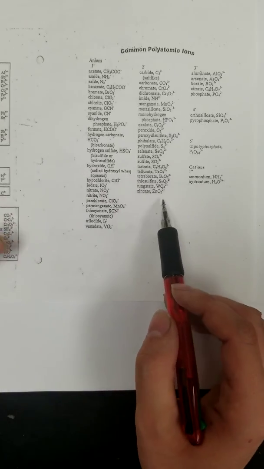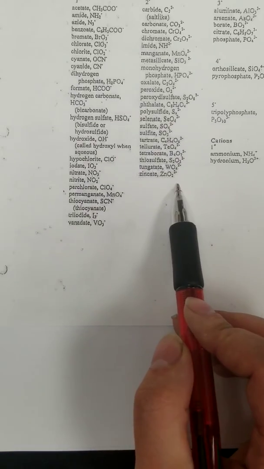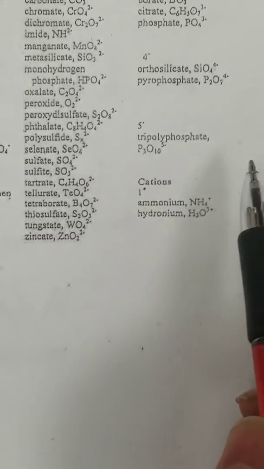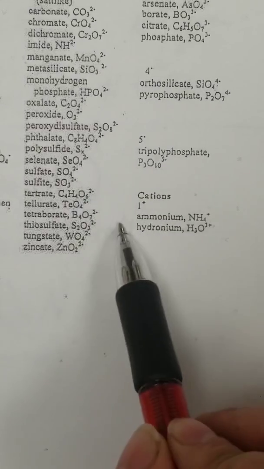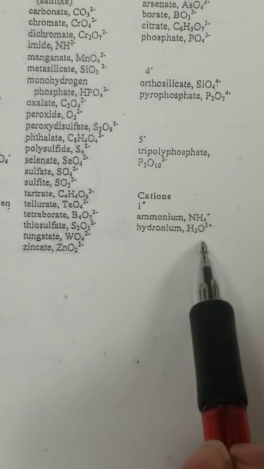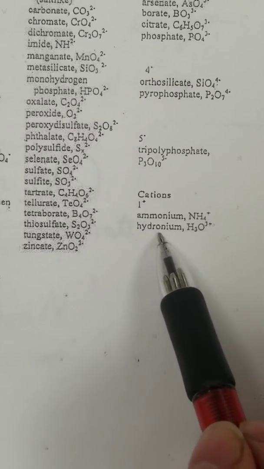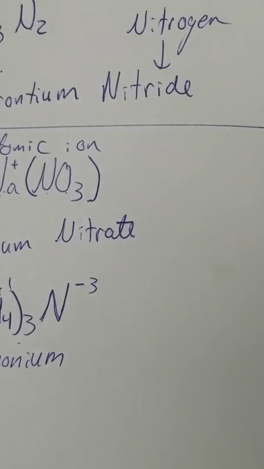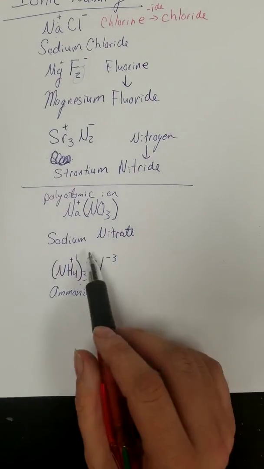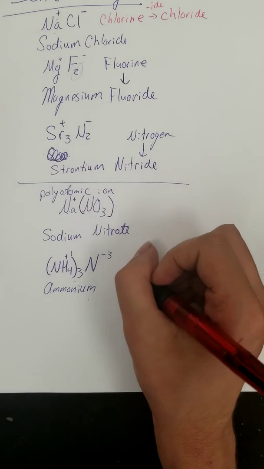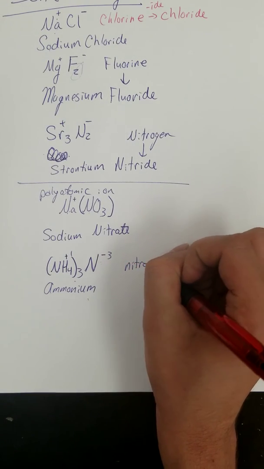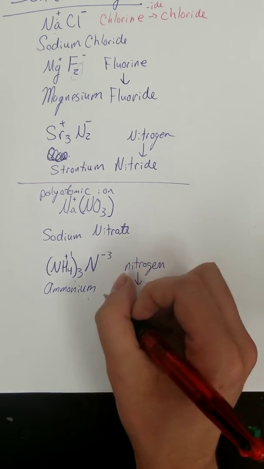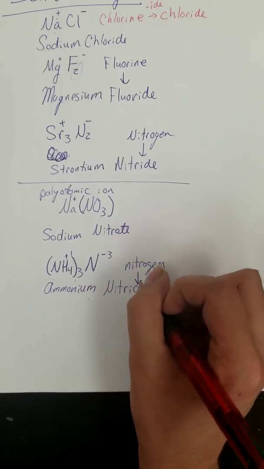On our sheet here, we have hydronium, and I'll slide this so you can see it. We have hydronium and we have ammonium. Typically, you don't see hydronium too often. We pretty much only deal with ammonium. So we have ammonium and then nitrogen, but since that's negative, it's going to change to nitride.